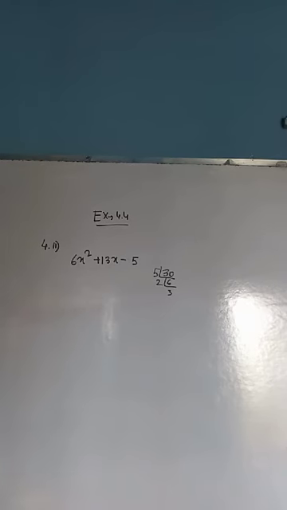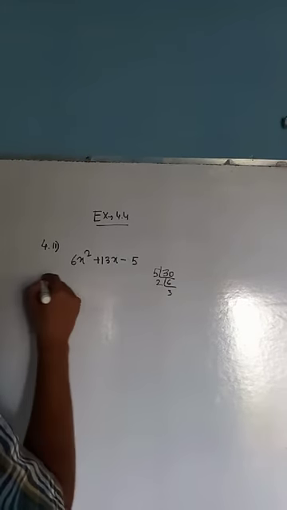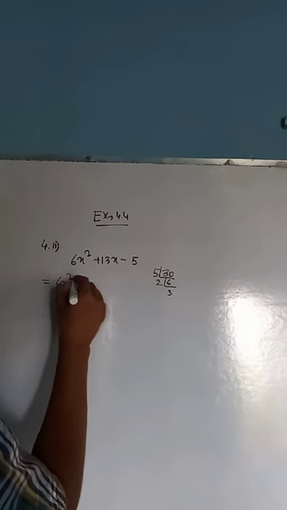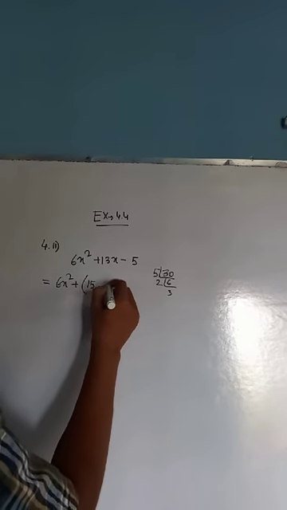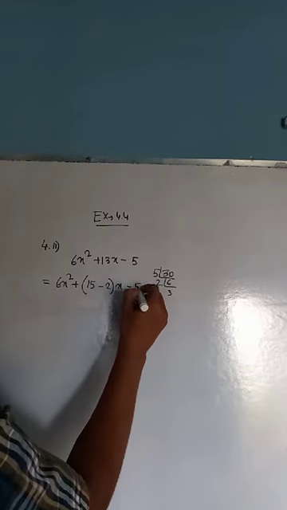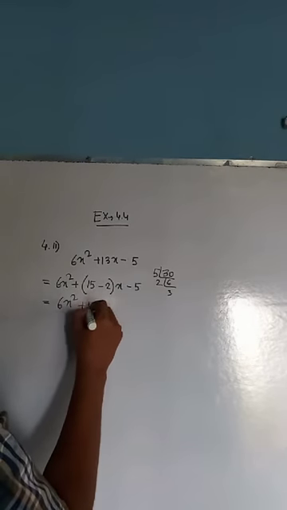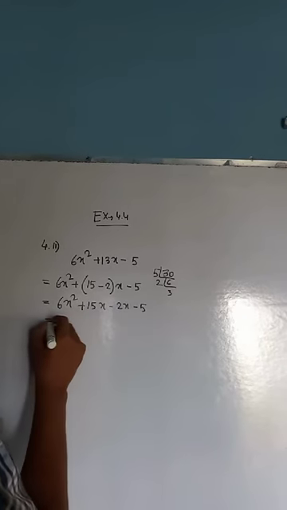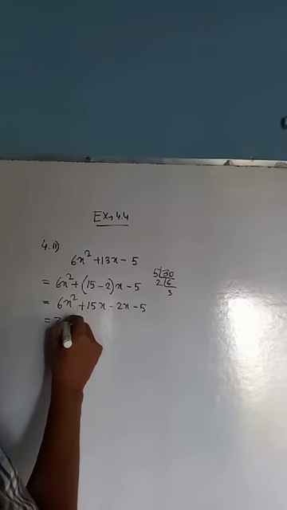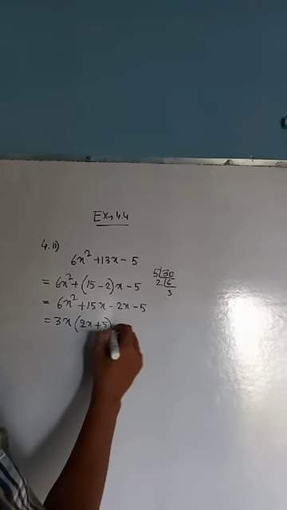So how can you get this? 5 threes are 15, minus 2. So 6x square plus 15x minus 2x minus 5. Take the common 3x: 3 times 2 is 6x, plus 3 times 5 is 15.